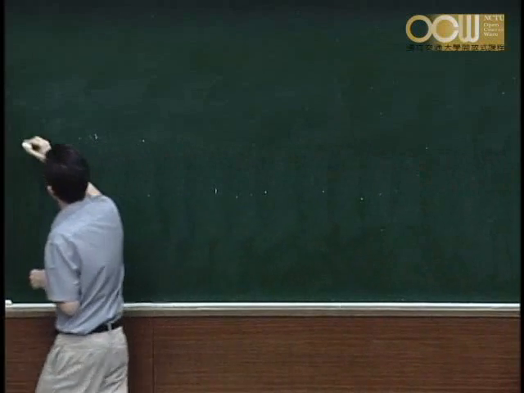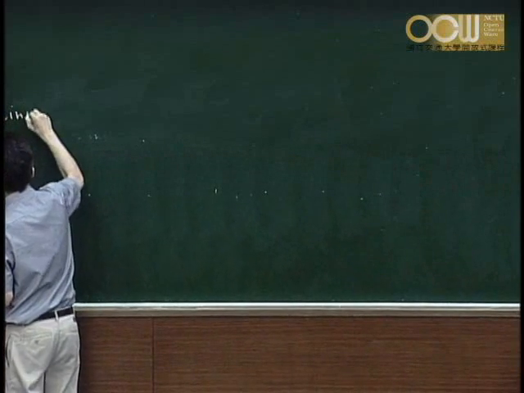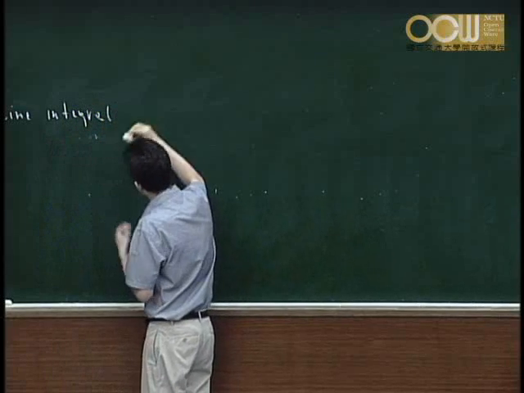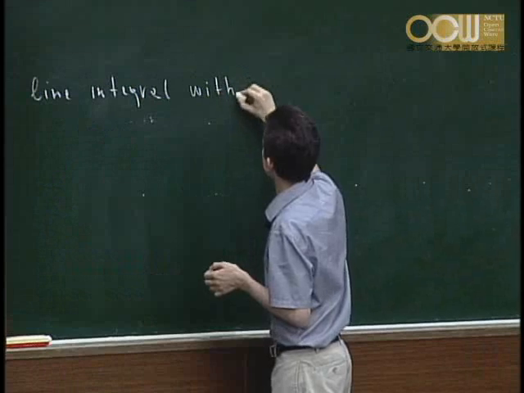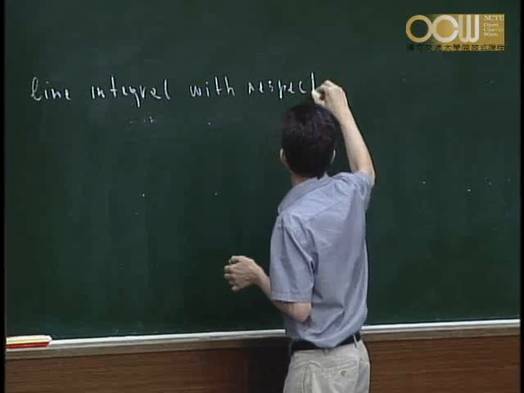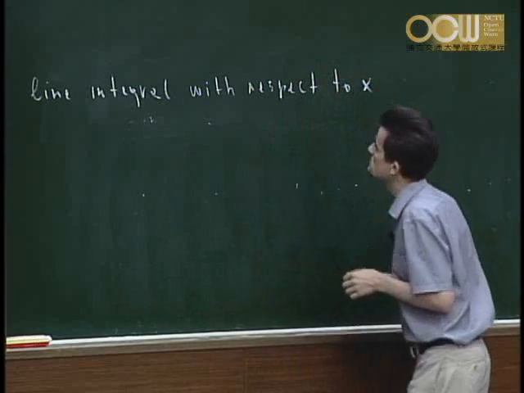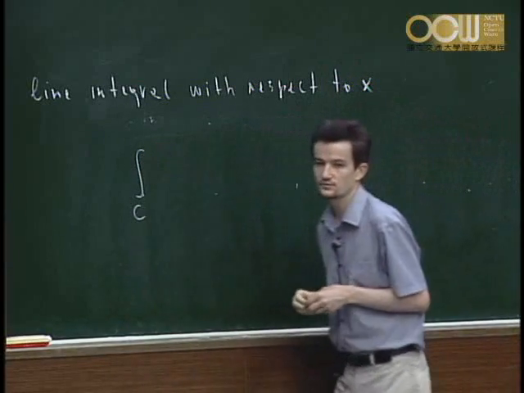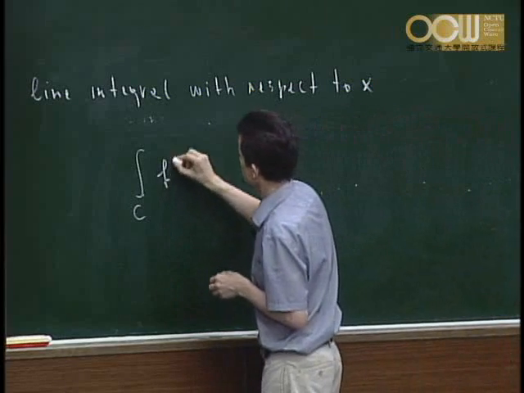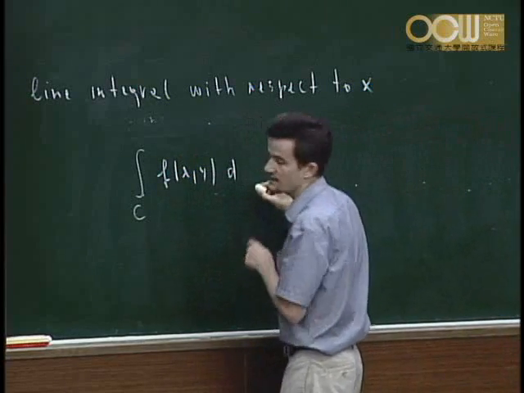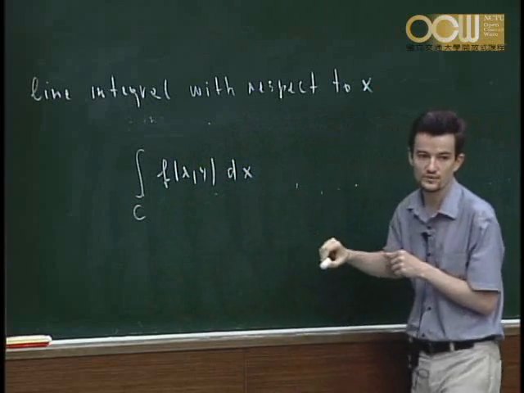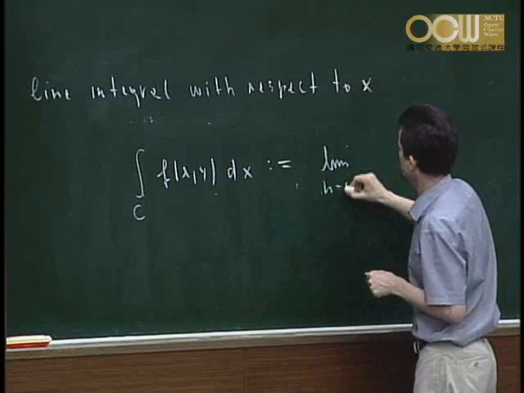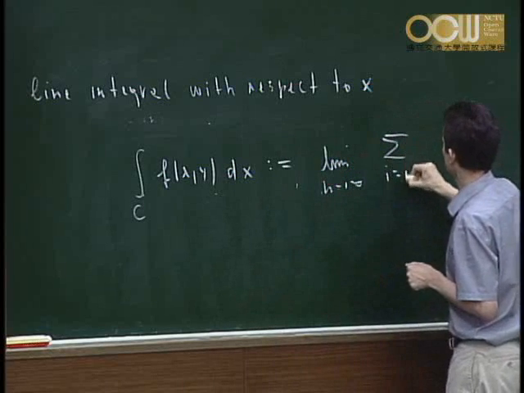Okay, so we define a so-called line integral along C with respect to x. So we write for this line integral the line integral along C of the function f of x, y, and then the ds becomes dx because it's with respect to x. So what is the definition of this? By definition, it's the limit n tends to infinity, sum i from 1 to n.